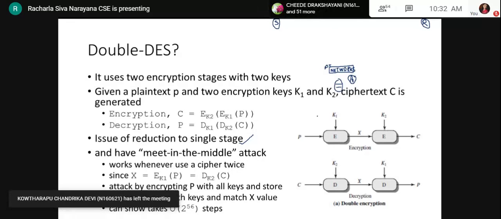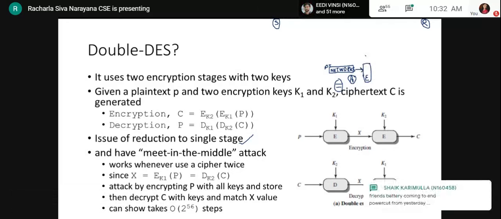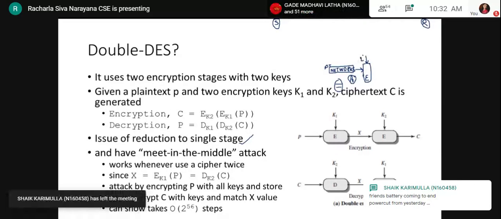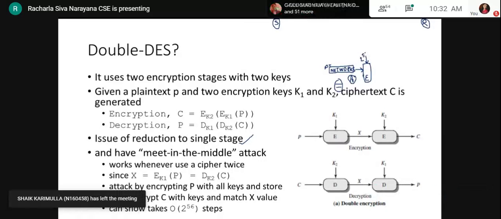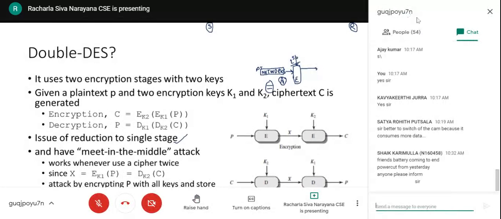The attacker can perform encryption on this plain text by applying the 2 power 56 possible keys. He takes the first possible key, that is all zeros, and gets the cipher text for networks. He stores the result here.